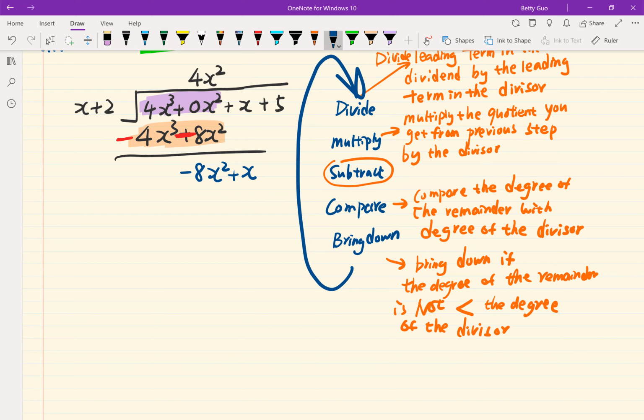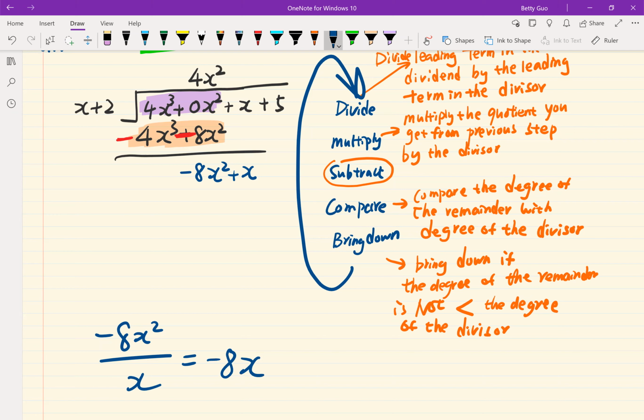So divide the leading term of the new dividend, negative 8x squared, by the leading term in the divisor. The divisor is always the same; it doesn't change. What's the leading term in the divisor? What's the quotient? Negative 8 over 1, x squared over x, so negative 8x.